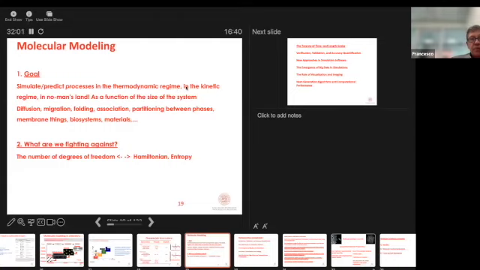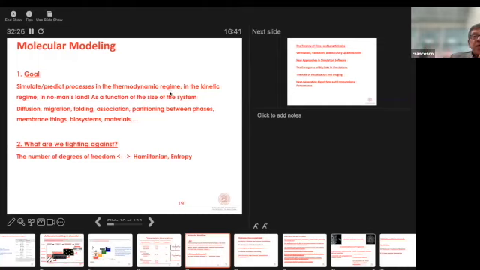And so we have to be able to understand the thermodynamic regime, and predict the thermodynamic and the kinetic regime. That is, thermodynamics is the energy, of course, that includes the effects of temperature, so to speak, and the kinetic regime is the time dependence, okay.